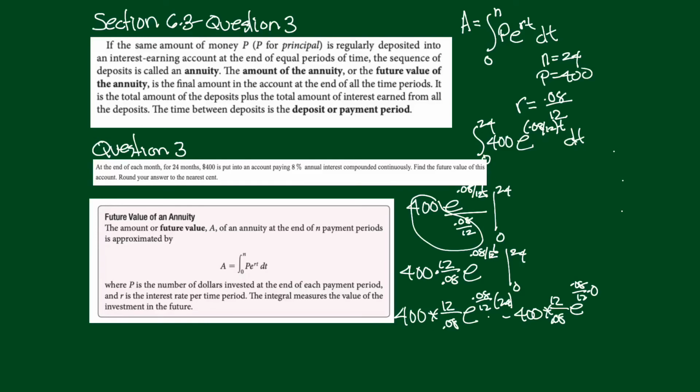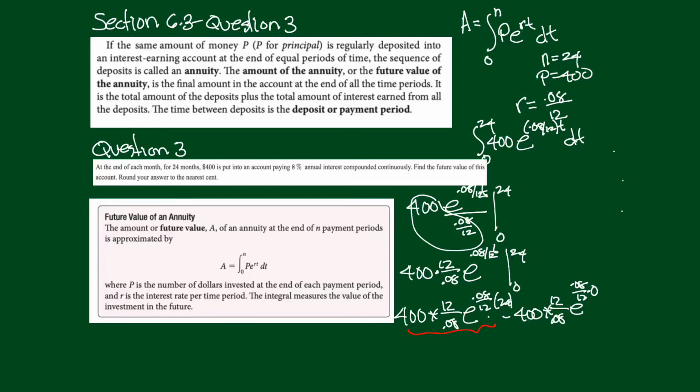Now, look at this part over here on the right. You've got e to something times 0. So 0 times this is 0. e to the 0 is 1. 1 times this number is just that number. So what we need to compute now is this, and then minus the 400 times 12 over 0.08.